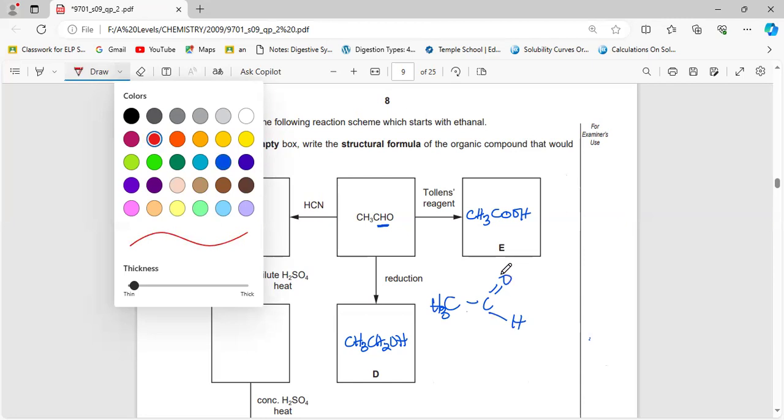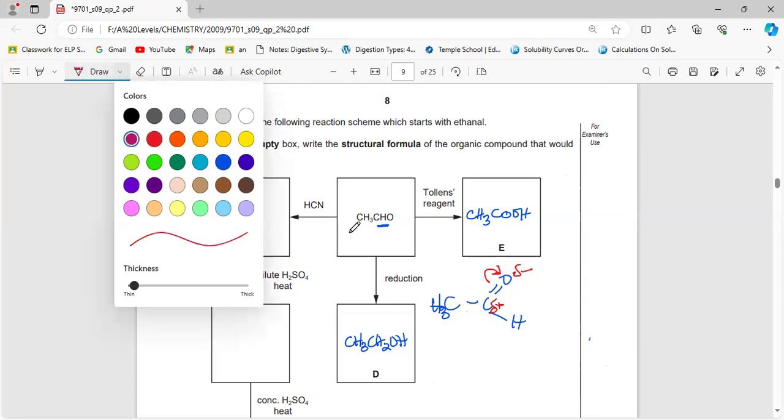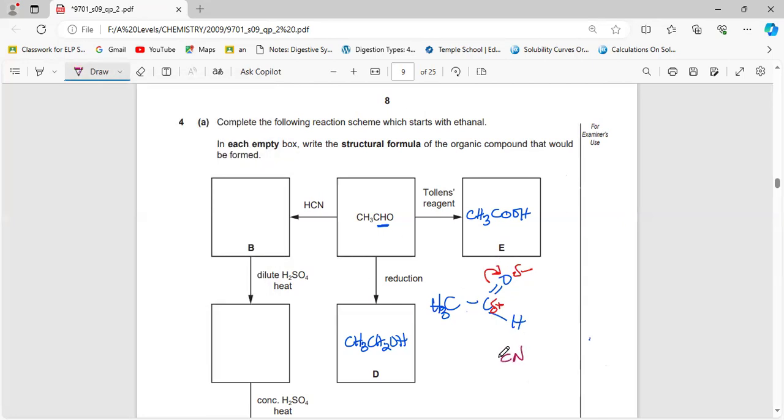This oxygen is electron withdrawing, so it becomes negative, while the carbon here becomes positive. Your CN minus will be coming from a suitable angle, which you can set in your exam anytime. Don't forget the lone pair here and a minus. So it's going to attack the carbon, not the bond, the carbon, because the carbon is going to be electron deficient. So you'll be having an intermediate of this format.